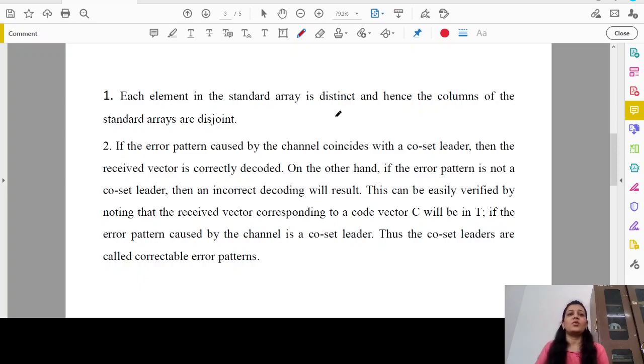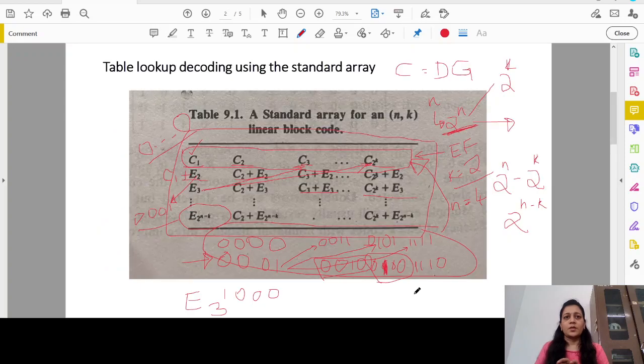Now, in this standard array, assume that you are sending C2, and at the receiving end you will receive some data. If your received data is the same as C2, then you can directly decode it as C2 because it is matching with a valid code word. Now, assume that the received data matches with this element, C3 plus E2.